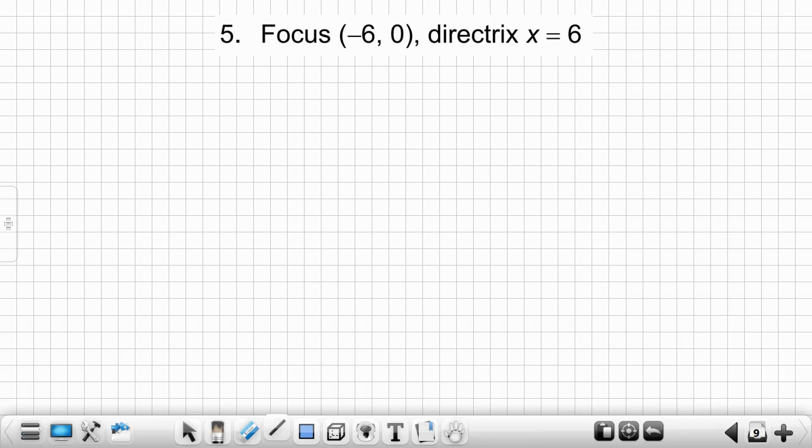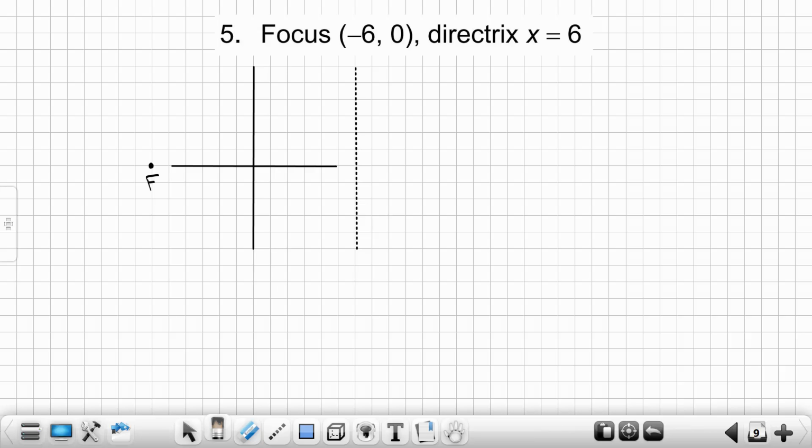Because the directrix is, well, the focus is the same distance from the vertex. The vertex is away from the directrix.